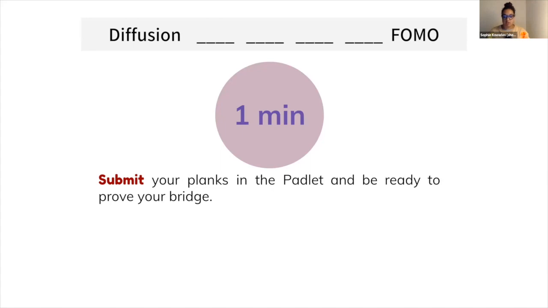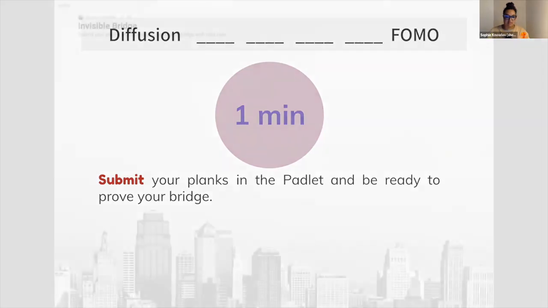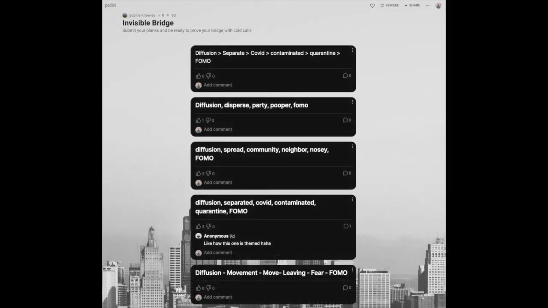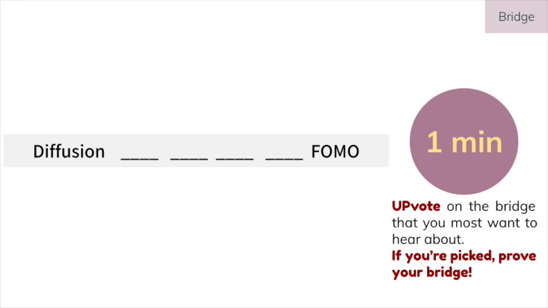Whichever one of you wants can type your planks in the Padlet. Upvote the one that you most want to hear about, okay? Upvote the one you most want to hear about.